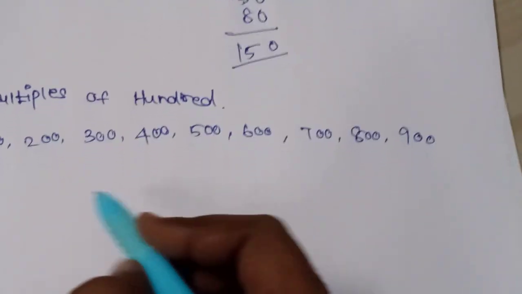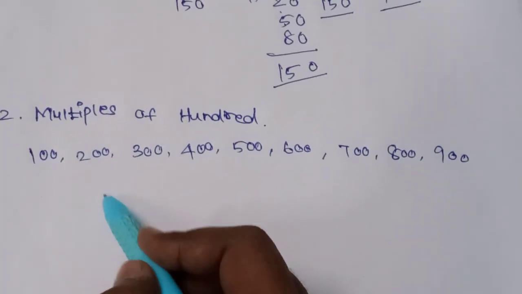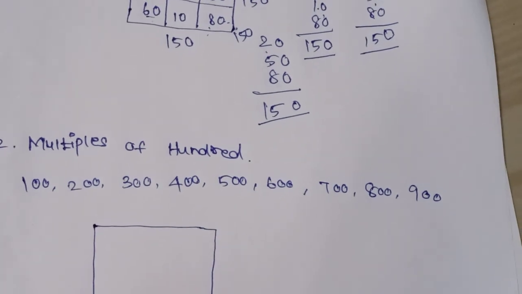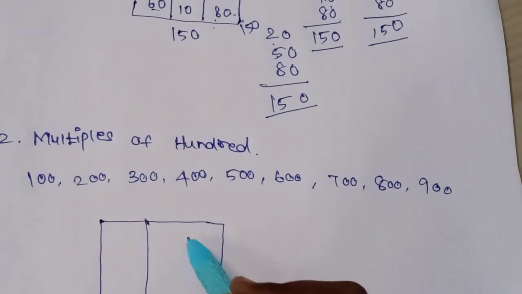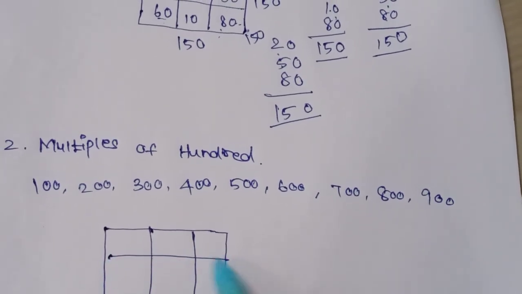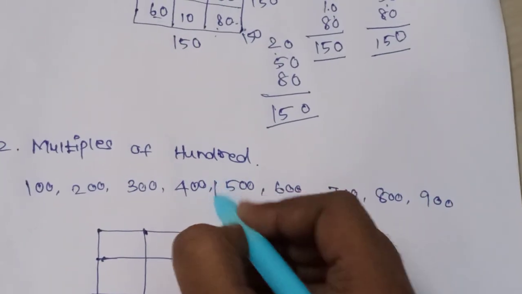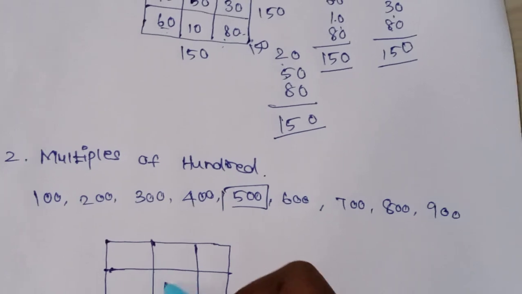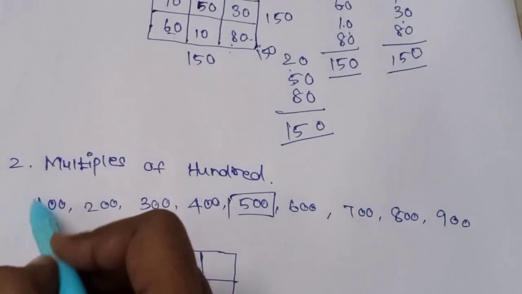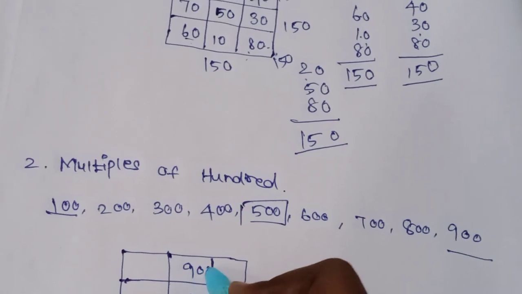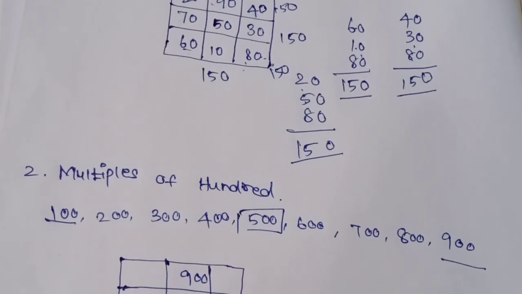Okay, now we have to draw the magic square box. First draw a box, divided into 9 equal parts. Okay, now take the center number, that is 500, and write it in the center. Then take the first and the last number, write 900 on the top and 100 below.